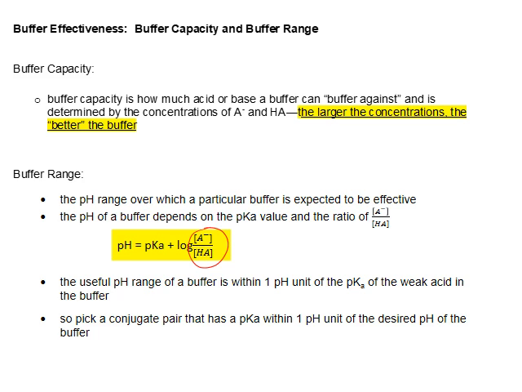Since we want large and comparable concentrations of both acid and base species, this means that the ratio in the Henderson-Hasselbalch equation should be close to 1. The log of 1 is 0, so when there are exactly equal concentrations of A- and HA, the pH will equal the pKa.